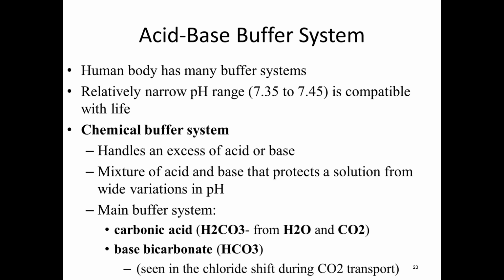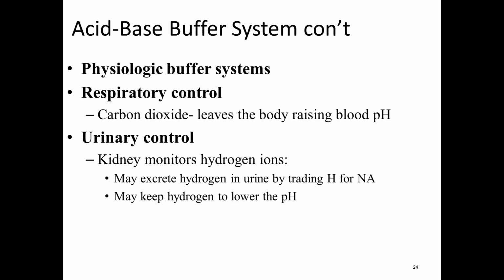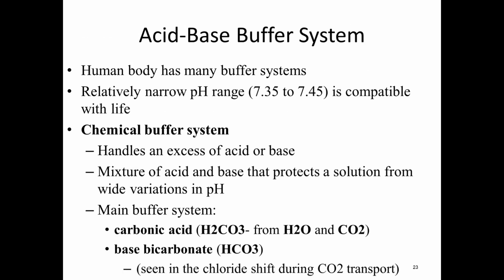Acid-base buffer system. The human body has many buffer systems. A relatively narrow pH range is compatible with life. A chemical buffer system handles an excess of acid or base, a mixture of acid and base that protects a solution from wide variation in pH.